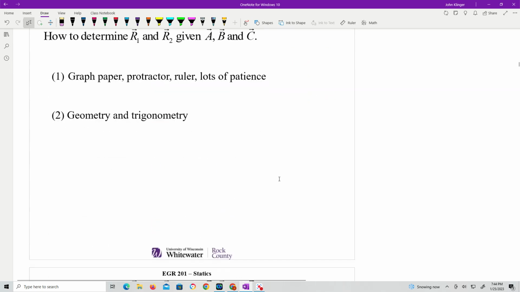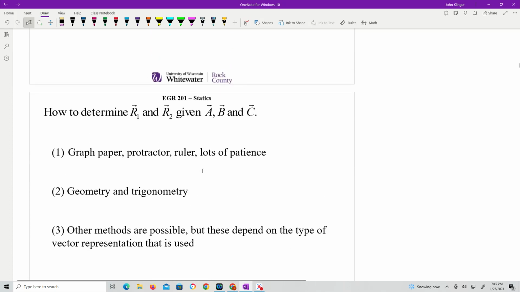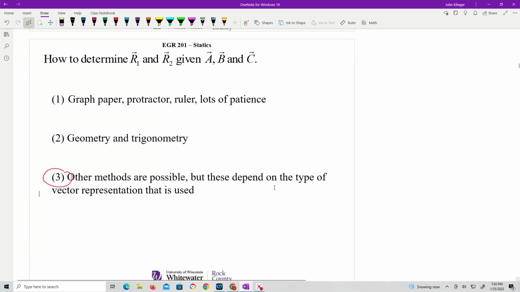Another method, the one we'll use for section 2.1, is we will use geometry and trigonometry. And the last method is if we can represent these vectors in a different way, we can use different techniques. And we'll find out that this is a lot easier to do, and we'll do this in section 2.2. But for now, I want you to concentrate on 2.1.